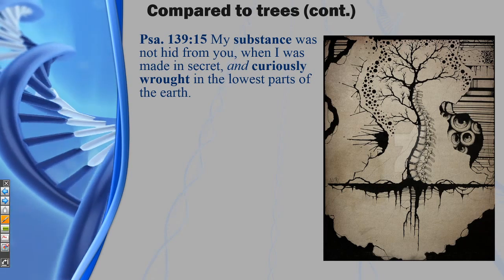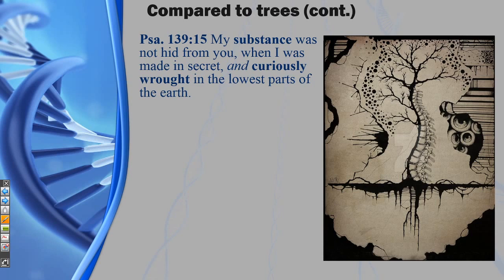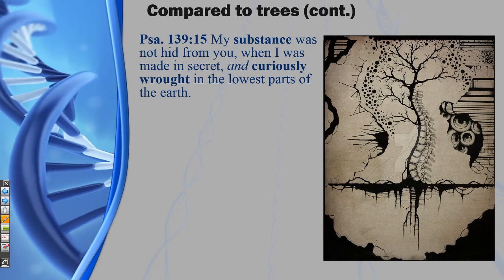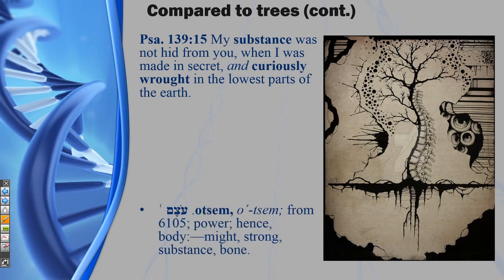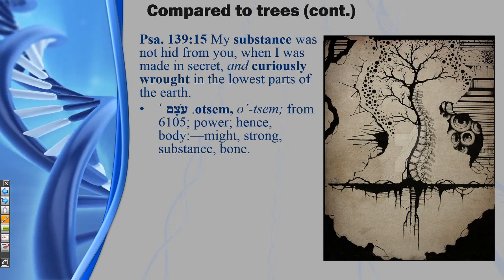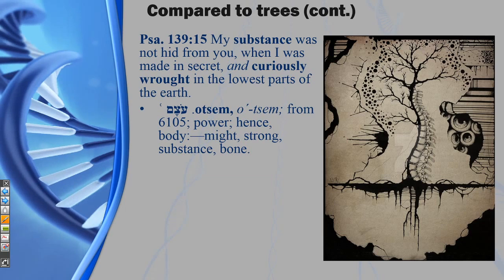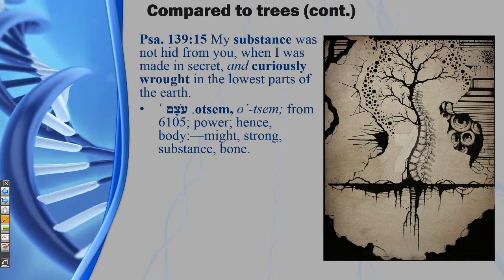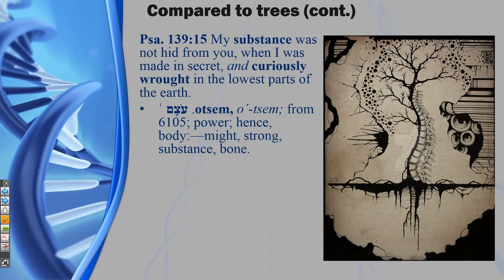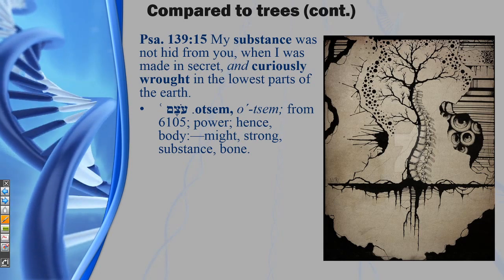Talk to me. Okay, let me give you the hint first of substance. Now, you remember the first two letters is the same for tree, right? Now we have the mem, but it means what?